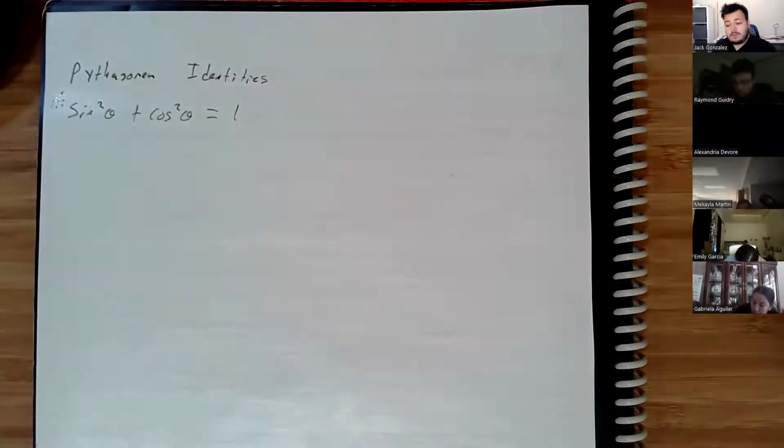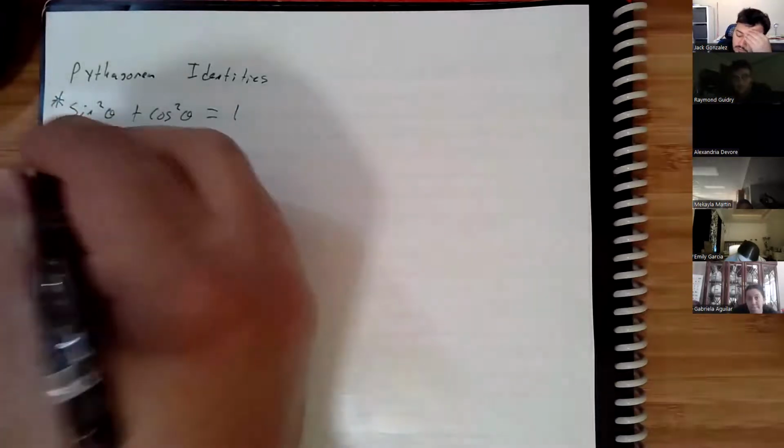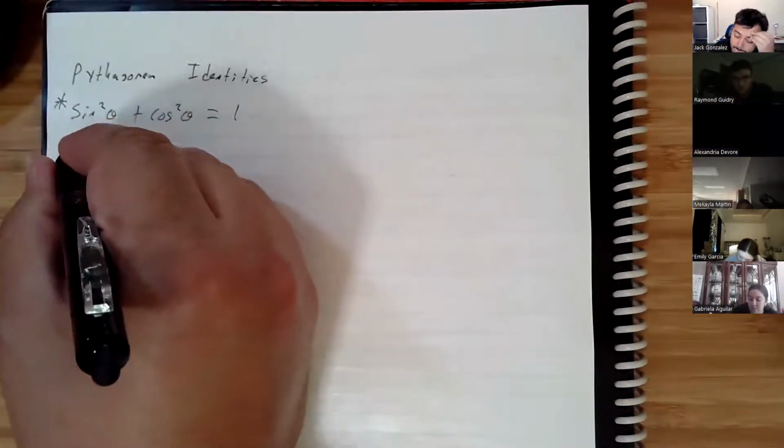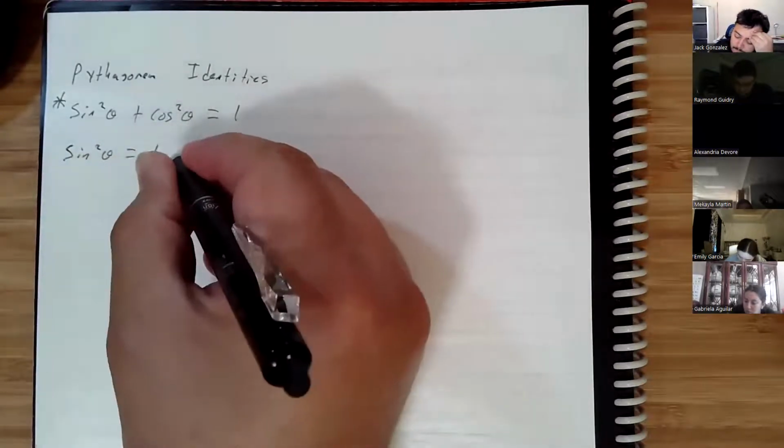So this is the identity. Right? Now, the other 8 just come from doing algebra. That's it. So for example, if I subtract cosine squared on both sides, I create the second one. Do you see?